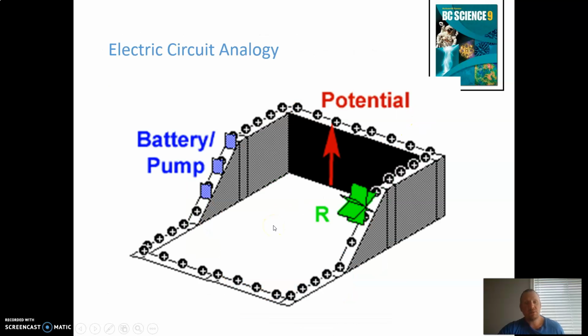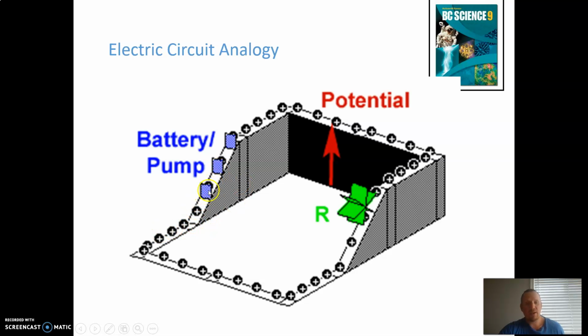Now, a lot of times electric circuits are compared to other things. In your textbook on page 281, it's compared to a kid going around a water slide. Basically, the battery is anything that raises the potential energy of these little objects that are moving throughout this circuit. And these little objects are electrons. They should actually be negative, but this is just a comparison.